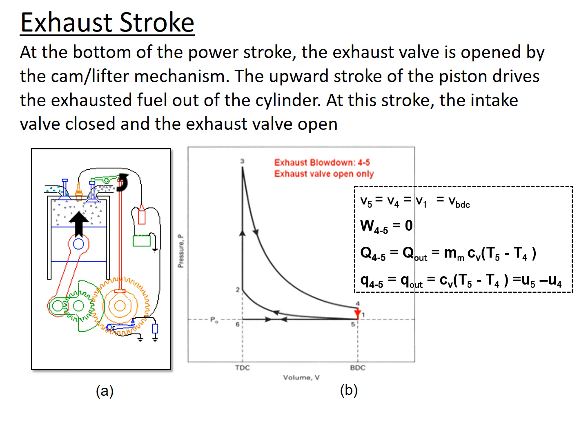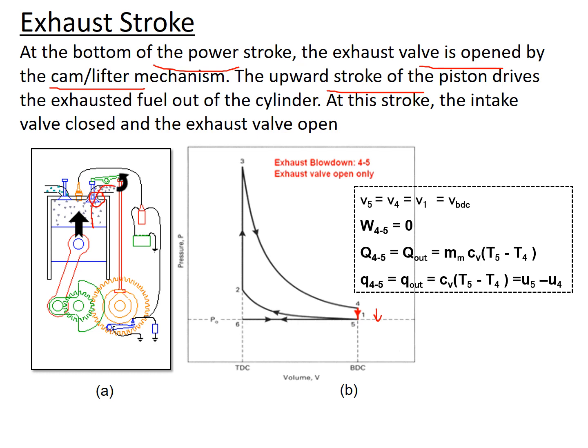And after the power stroke, from 4 to 1 at the bottom of the power stroke, the exhaust valve is opened by the cam mechanism. The upward stroke of the piston drives the exhaust out of the cylinder.